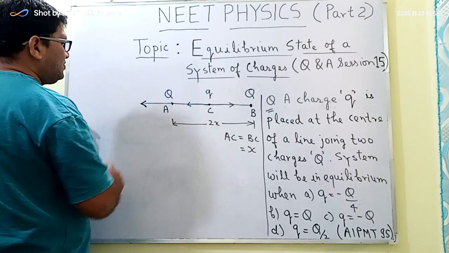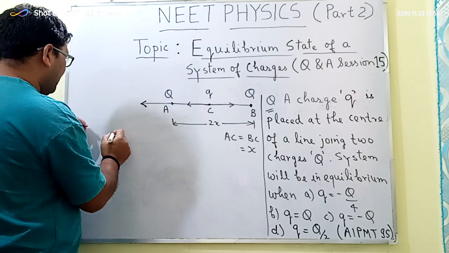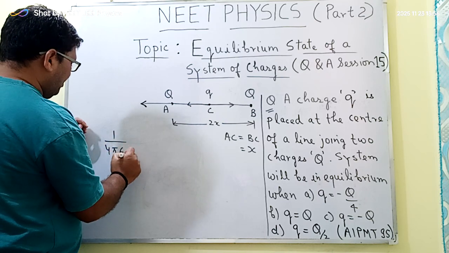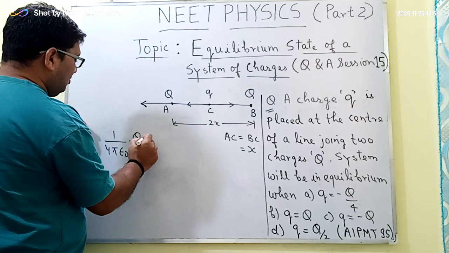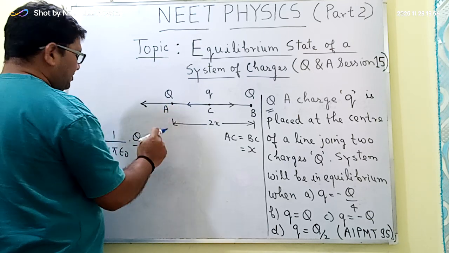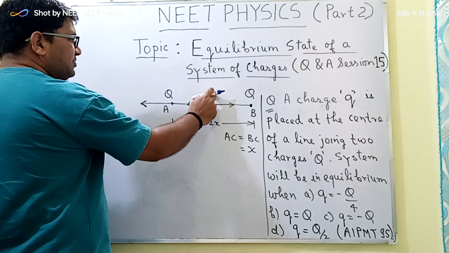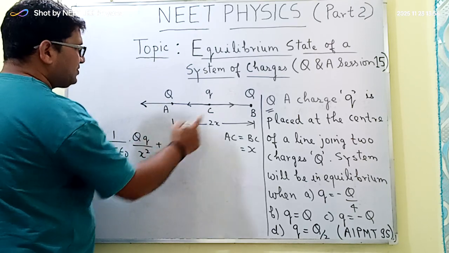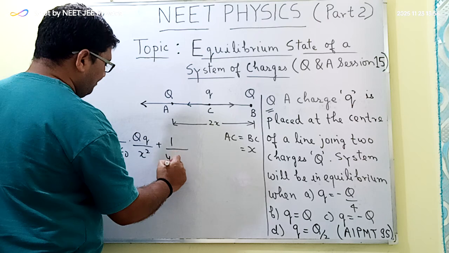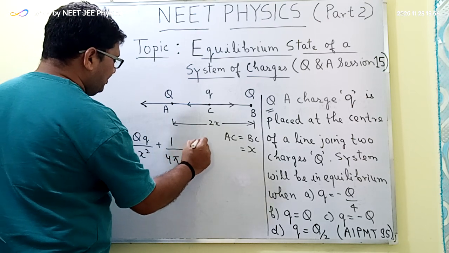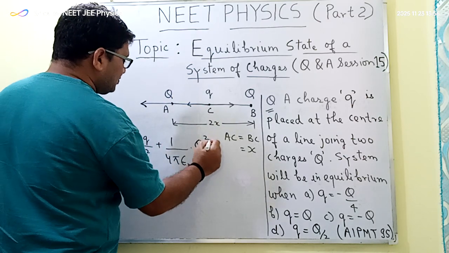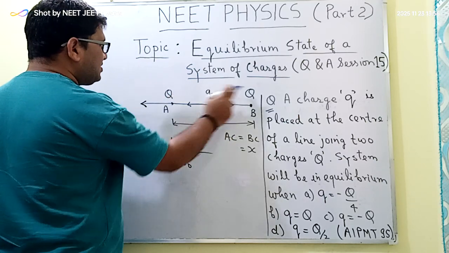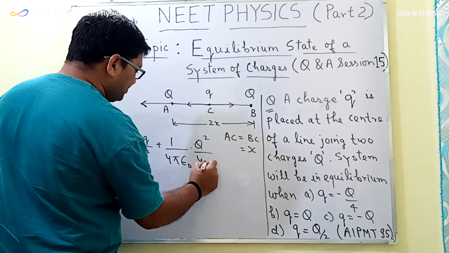So the total force on this charge Q at A will be equal to 1 by 4 pi epsilon naught Qq divided by x square, which is the electrostatic force because of the charge small q on this charge Q, plus 1 by 4 pi epsilon naught Q times Q, that is Q square, divided by the square of the distance between these two charges, which is 2x, so this will be 4x square.